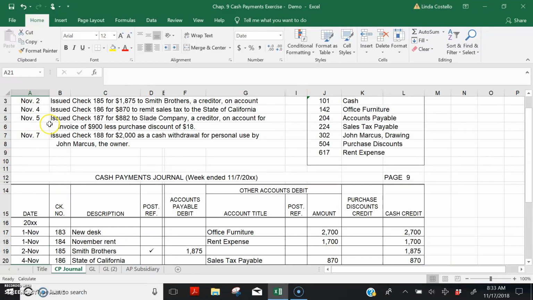On November 5th, we issued check number 187 for $882 to Slade Company, a creditor on account for invoice number $900, less purchase discount of $18. Let's get this one recorded.